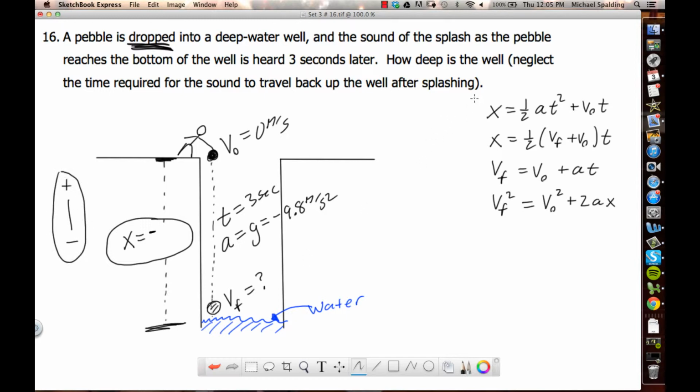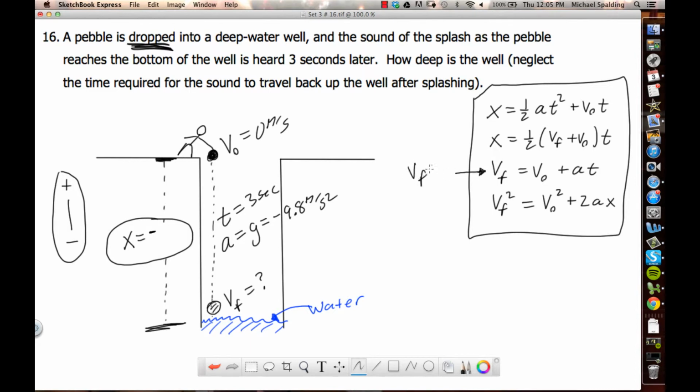All right, so here are the motion equations. Which equation can we use to solve for the depth of the well? The third, well, you can solve for the third one and then use the final velocity. Yep. So you're saying you could start with this equation, solve for v final. So once you know v final, then you could go to the second one and find x.